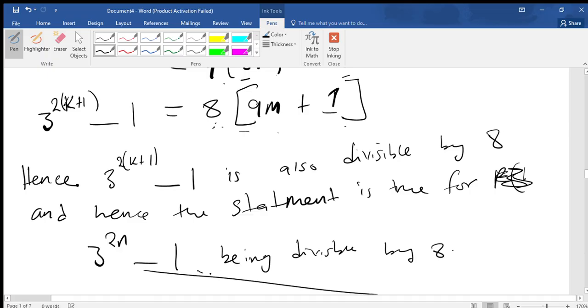So you can see that whatever is happening here is not that complicated. We're just using the same rules of mathematical induction.